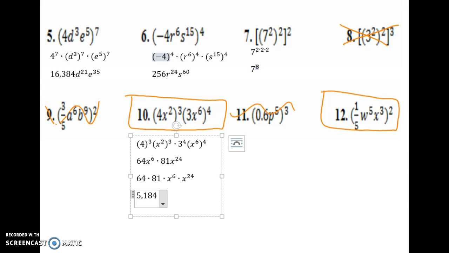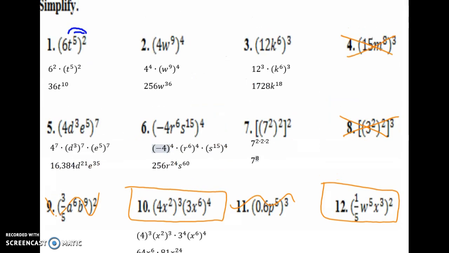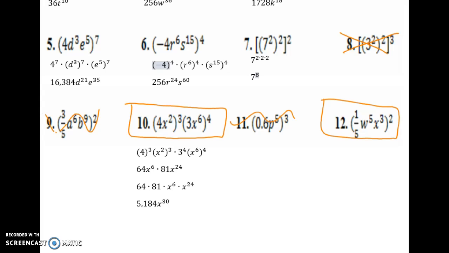And then we're multiplying powers with the same base, so we're actually going to add the exponents this time, because it's x to the 6th times x to the 24th. So you're going to get x to the 30th there. Okay, do you see that? All right, that's how that works.